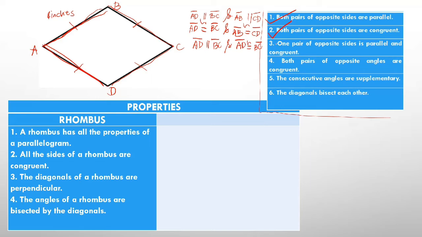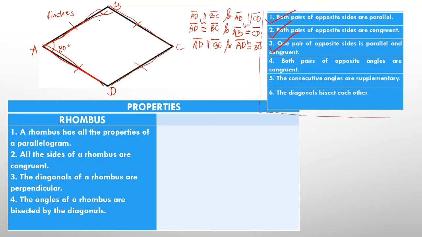Next, we have number 4. Both pairs of opposite angles are congruent. So, it means our opposite angles should be congruent. For example, angle A is equal to 80 degrees and our angle B is equal to 100 degrees.